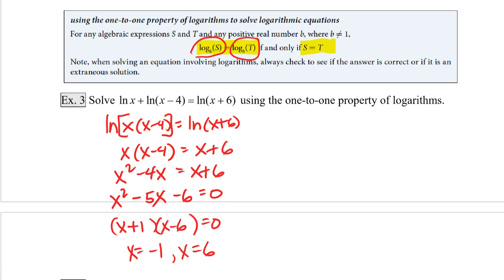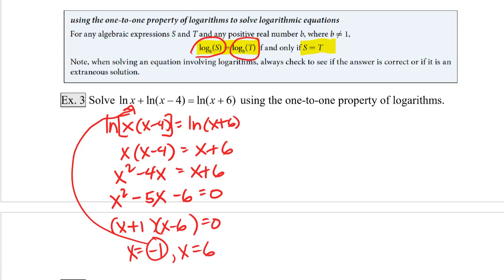Now remember, we were warned to check and see if we have extraneous solutions. So basically what this means is we've got to plug x equals negative 1 and x equals 6 back into the original equation and see if we are not in the domain. Well, it looks pretty simple. If we plug in a negative 1 into the natural log of x, I'll be taking the natural log of negative 1.